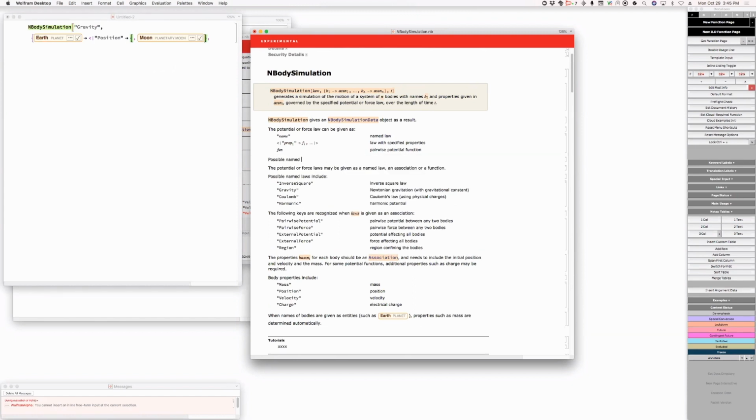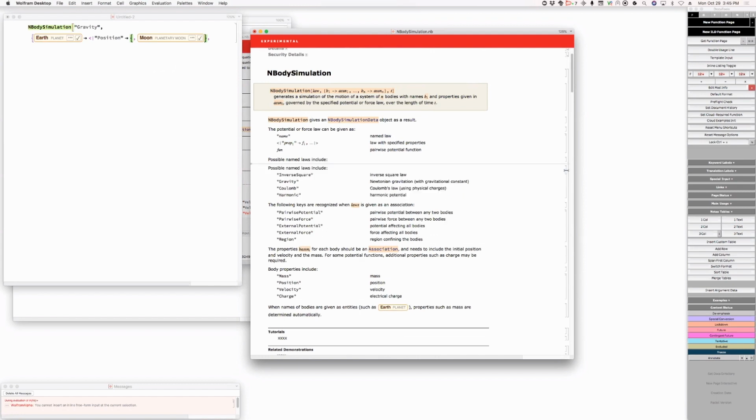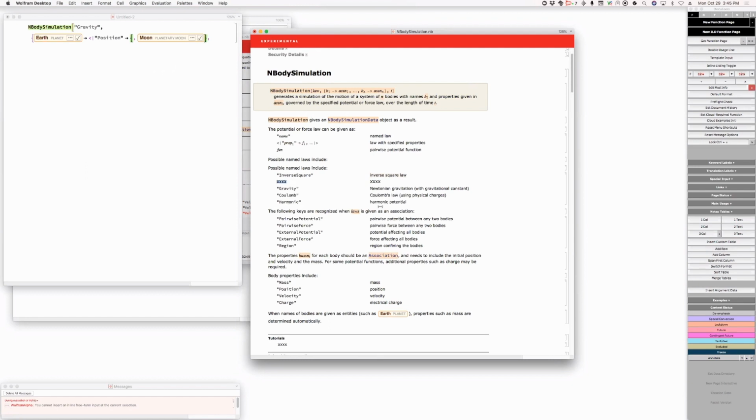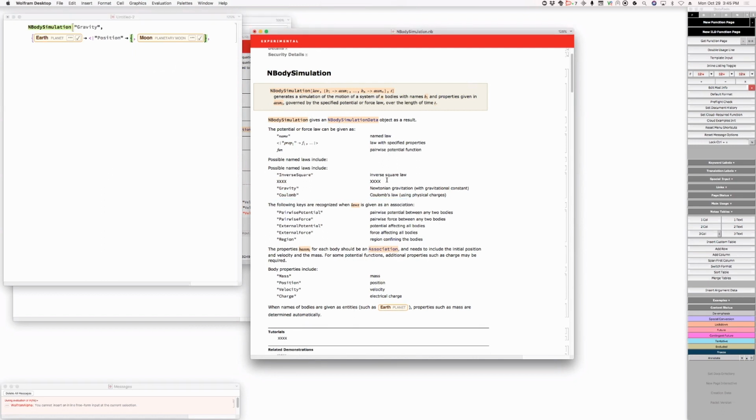Okay, so now possible named laws include these. I think we should give the harmonic potential next after this one. Sure, okay.